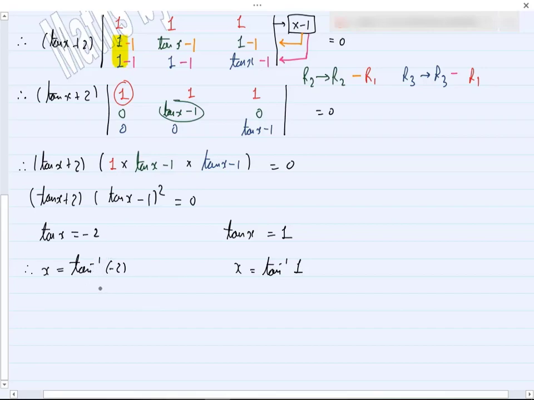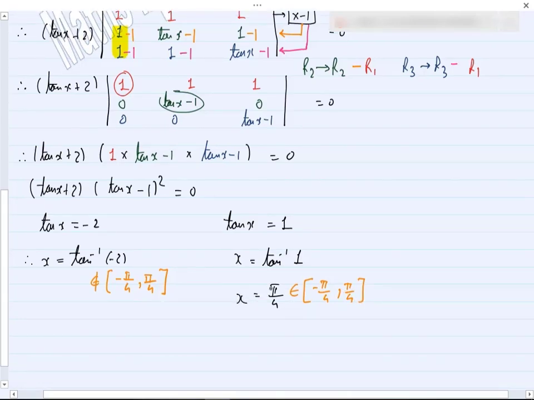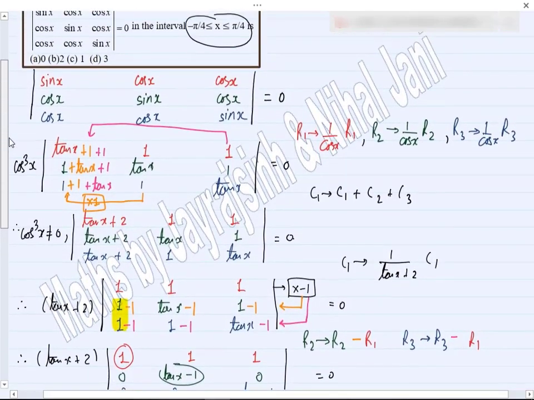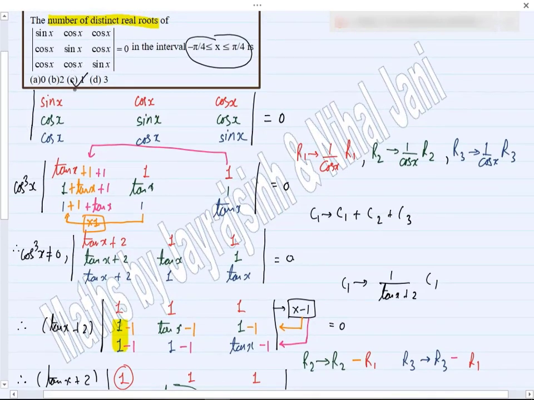But tan inverse of minus 2 does not belong to minus pi by 4 to pi by 4, but x is equal to pi by 4 belongs to the closed interval minus pi by 4 to pi by 4. So we can say x is equal to pi by 4 is the only distinct root of our determinant equation. So tada, option C is the right answer.